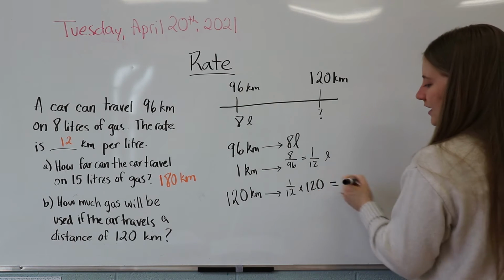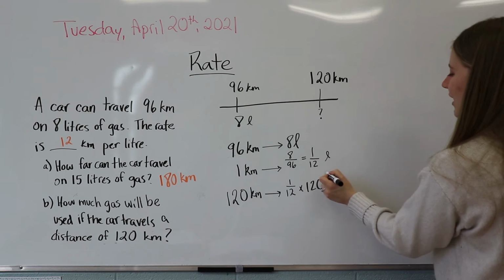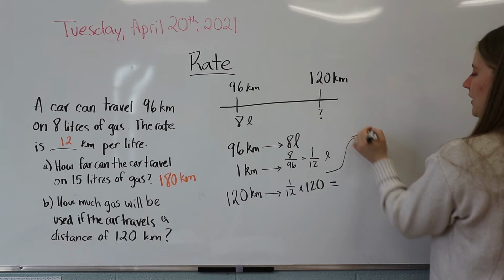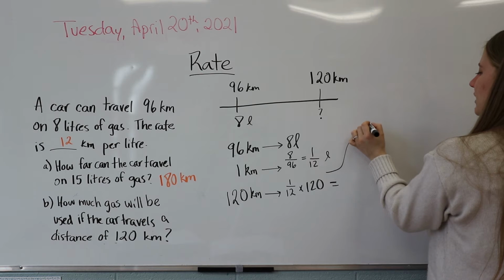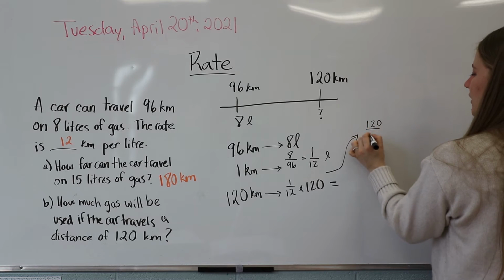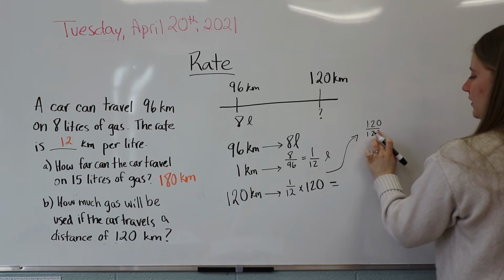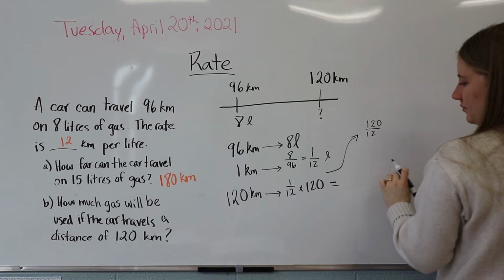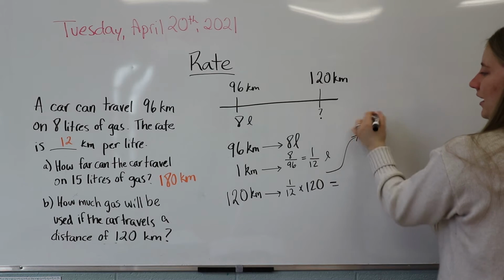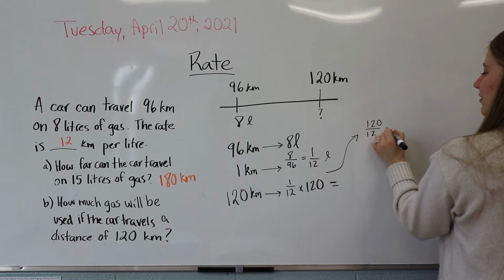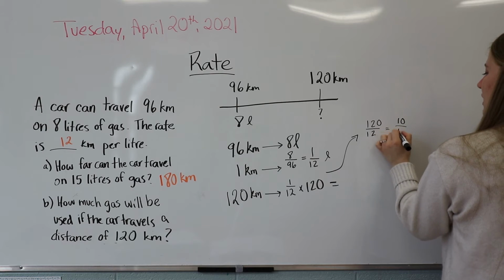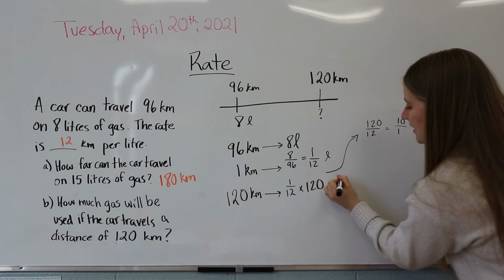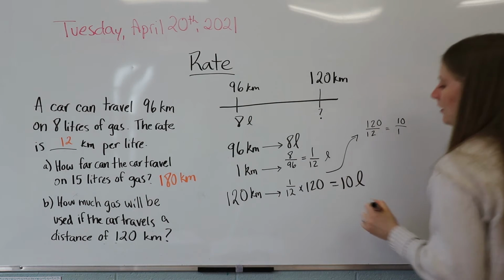Here, I'll do the math over here so you can see, because it's going to be 1 times 120, so 120 over 12. And 120 divided by 12 equals 10 over 1. So our answer is 10 liters.